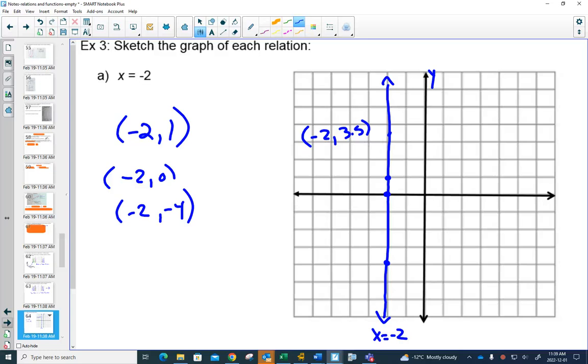What you have to think about is if I plot any point on this vertical line, what stays the same? The x value is always -2. Technically, the equation for the y-axis is x equals 0. Every single point on the y-axis has an x value of 0. So this is a special one, a vertical line, x equals.